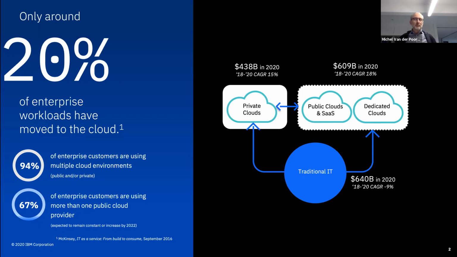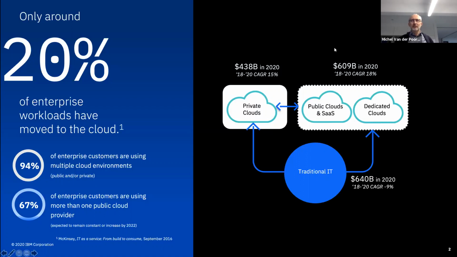At the same time, what we see, if you look here to the right-hand side of the slide, is a very strong combination between the traditional IT, which is more and more running in private clouds, combined with those public clouds and SaaS offerings, combined with dedicated clouds which are set up specifically for the needs of that client.